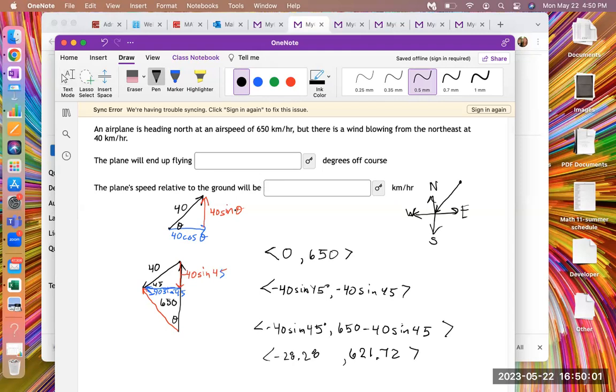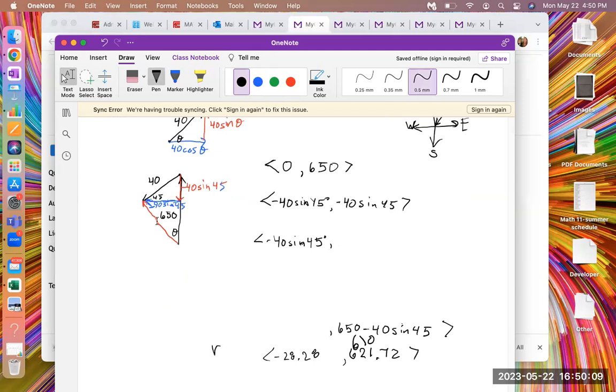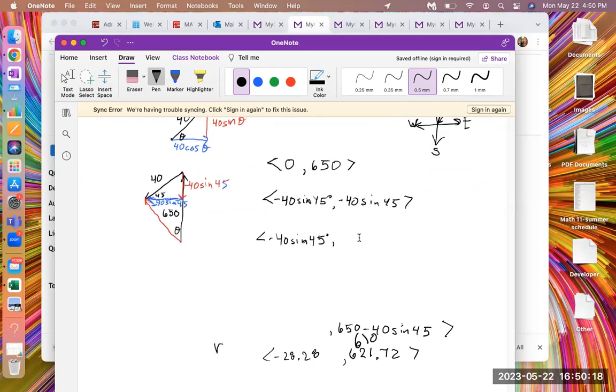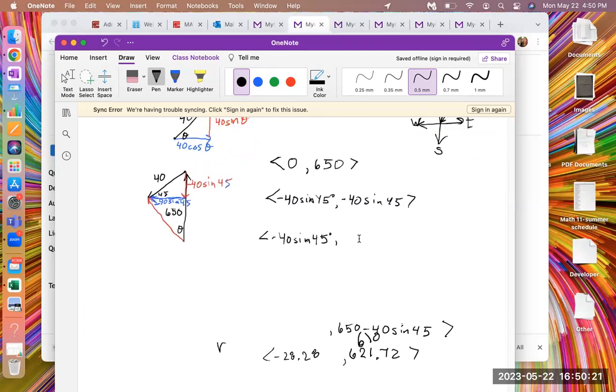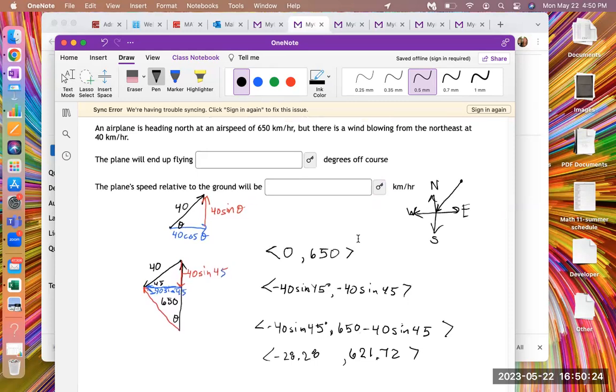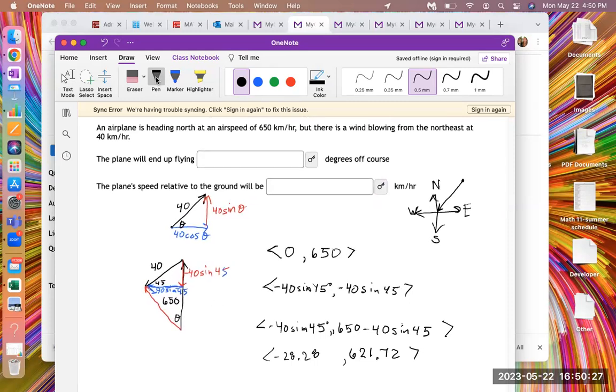So what I need to do now is find my r and theta that are associated with this vector. Basically, these are the horizontal and vertical components of that vector. So now I'm going to say, well, r, the magnitude of this vector, and that's the wind speed they're asking for, is equal to the square root of the sum of the squares of the horizontal and vertical components, 621 and negative 28.28.